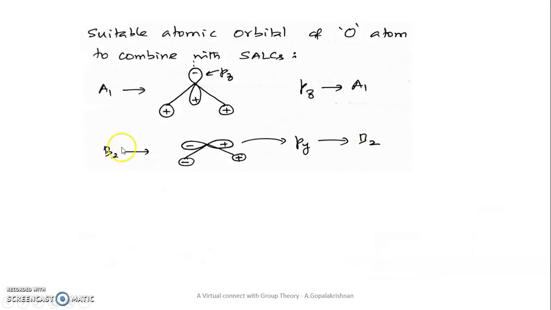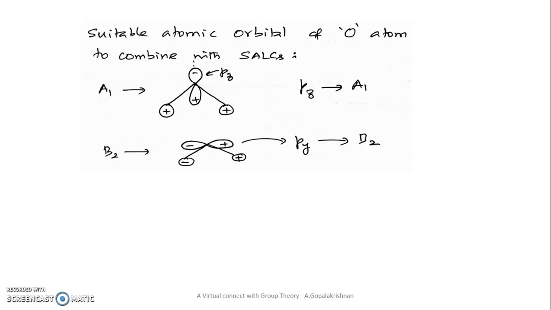Listen, the group orbital and the atomic orbital that they are going to combine must belong to the same symmetry. Then only they combine and form a molecular orbital. Participants, one thing you should keep in mind is that when two atomic orbitals combine, they must have the same symmetry, and the same energy or nearly equal energy.